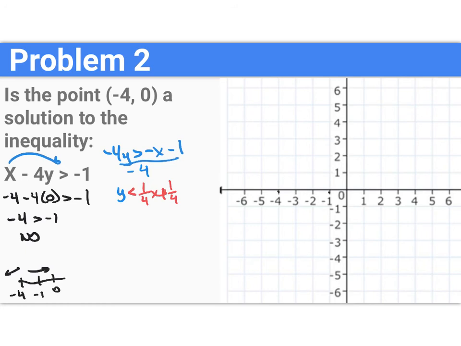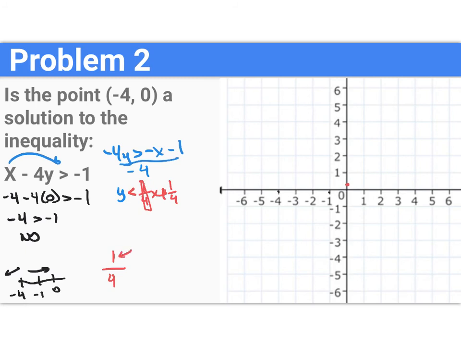Okay, so now let's graph this. When x is 0, y is 1/4. And then the beauty about the slope, that's the coefficient in front of the x, is that it tells you how to move on a graph.